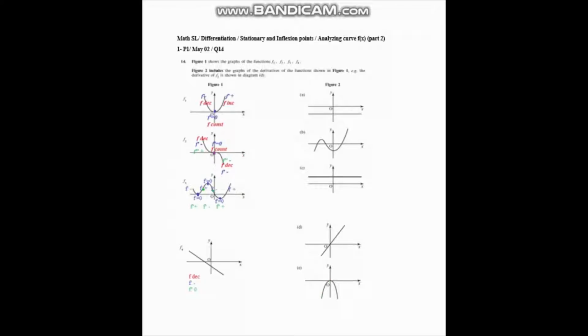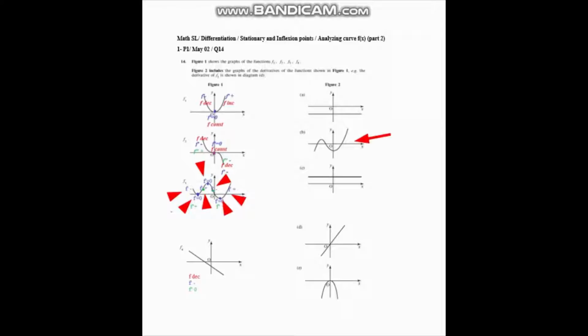Now for function 3, you can tell that f dash, which is represented in blue, was negative, then 0, then positive, then 0, then negative, then 0, then positive. So the only curve which satisfies these many changes of f dash is this curve right there.